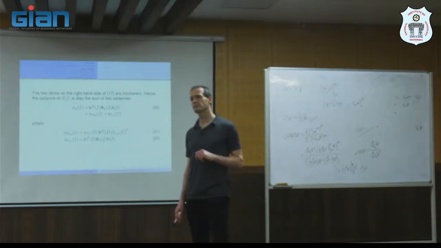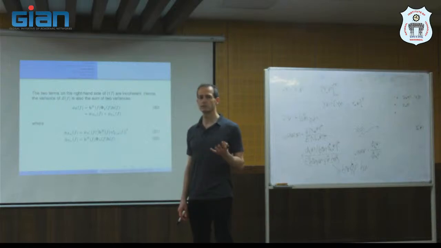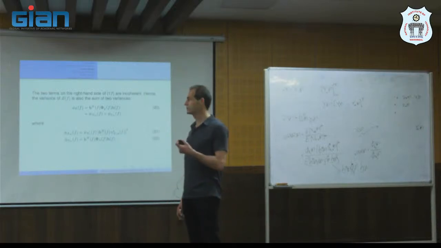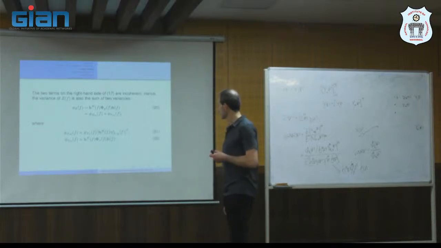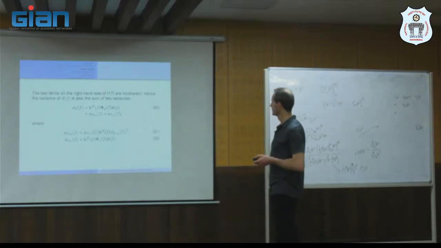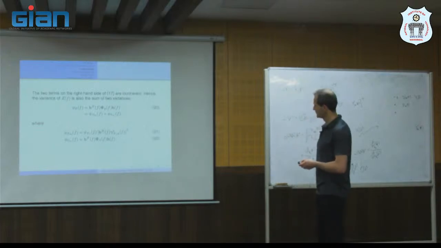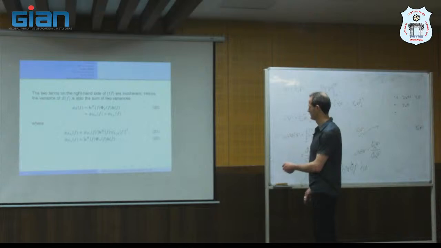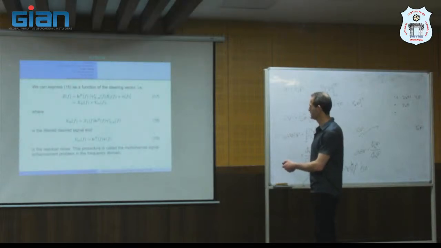Now suppose that I want to get a filter with no distortion, like MVDR. So what should I require? Let's see what I have here. Okay, I go back. Here. You see, at the output of the filter we have two components.